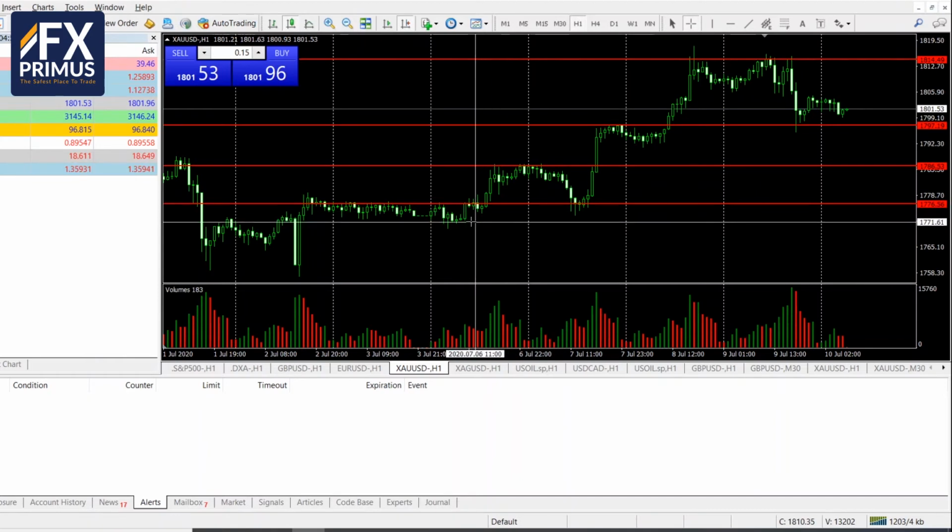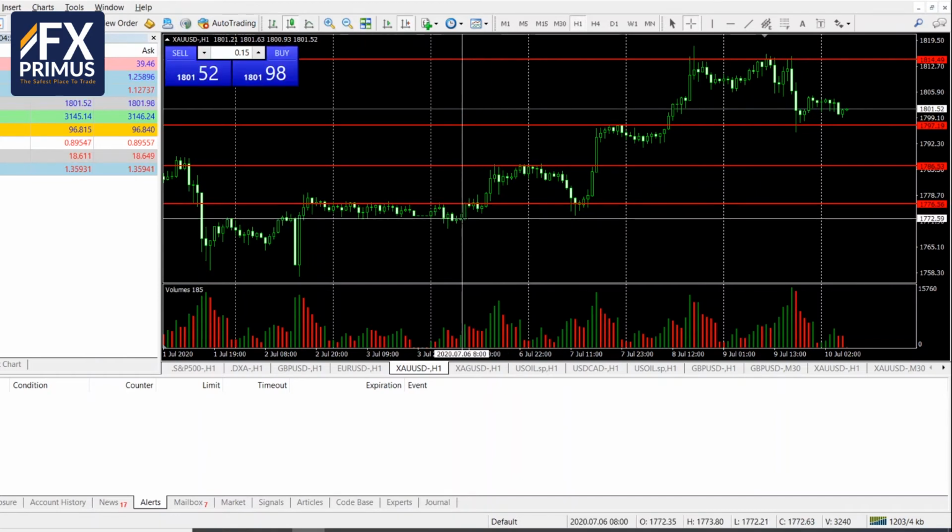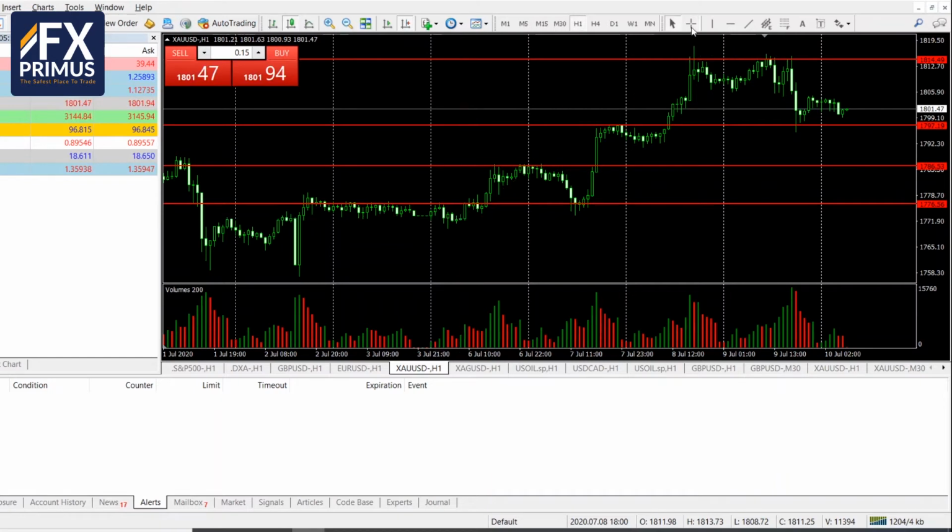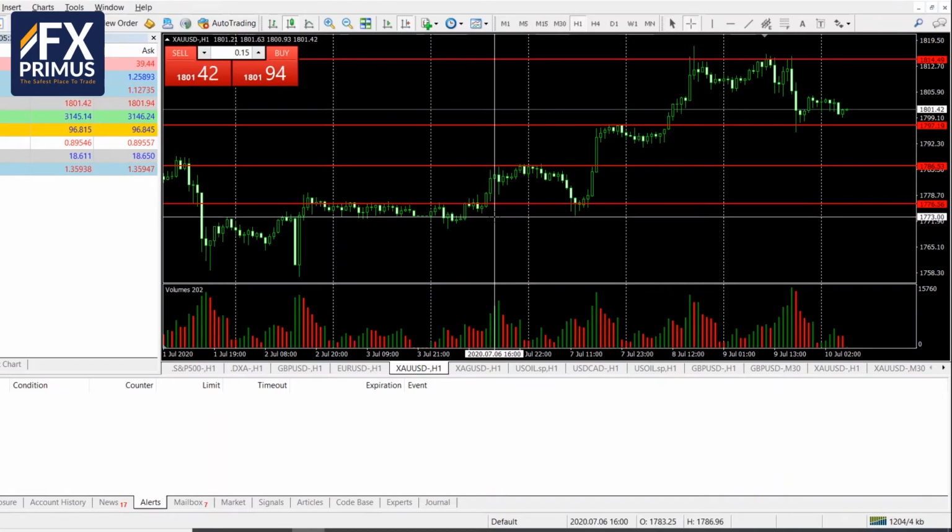So from Monday until yesterday, or rather until Wednesday, it moved up from 1,772 US dollars all the way to a high of 1,817 US dollars. Okay, so for 3 market days from Monday to Wednesday, the gold prices moved up about 45 US dollars, which is pretty good, pretty decent. And again, it provided plenty of trading opportunities for the trader.